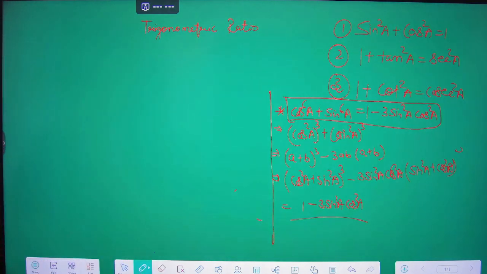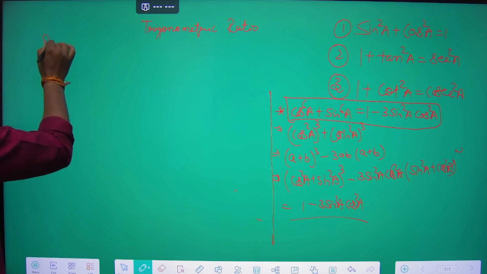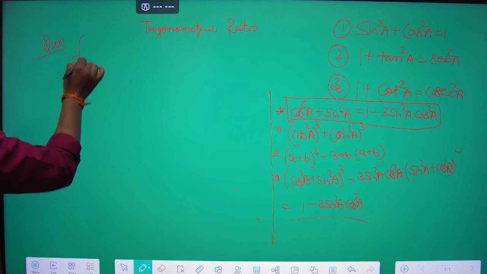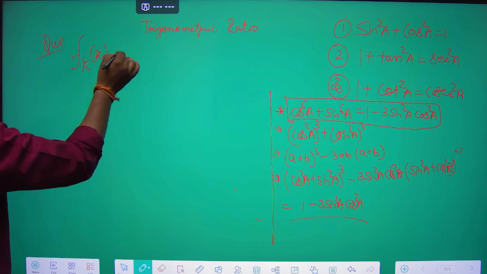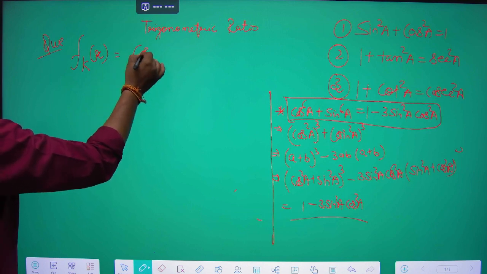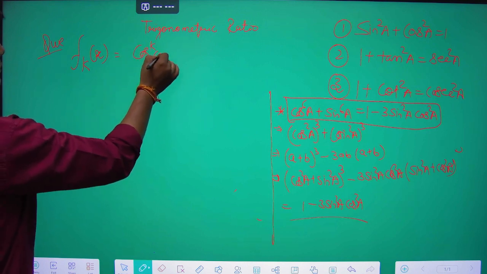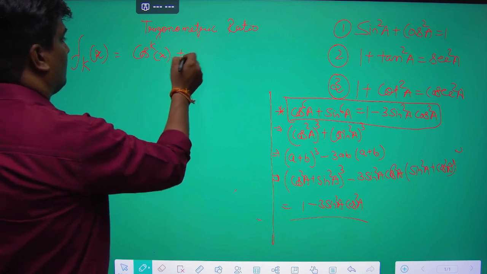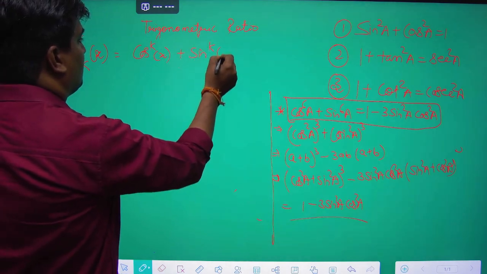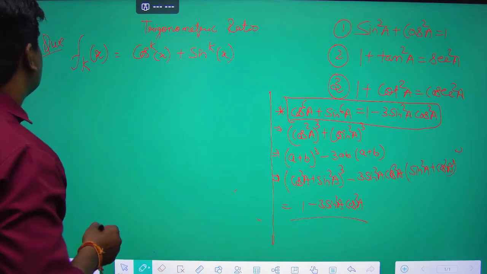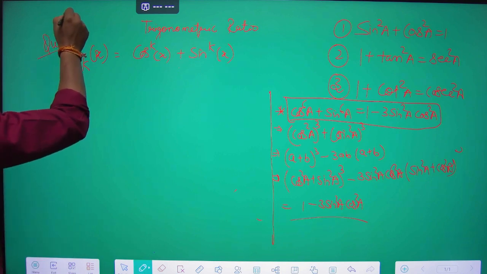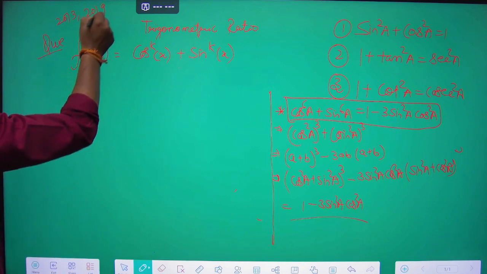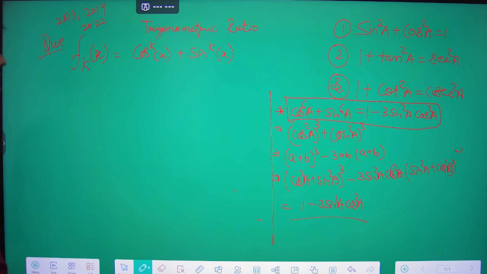Now the question is: f of kx is cos to the power kx plus sine to the power kx. This question came in 2013, 2019 and 2022.